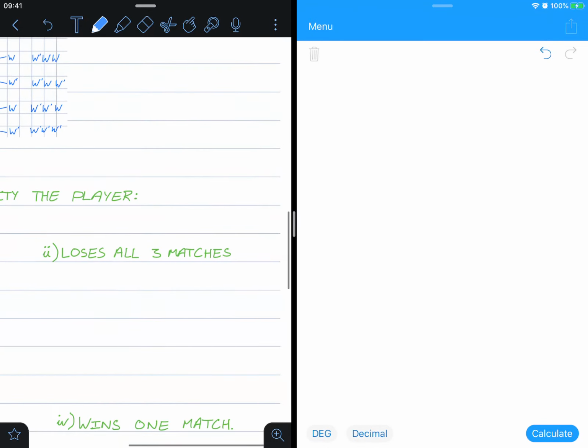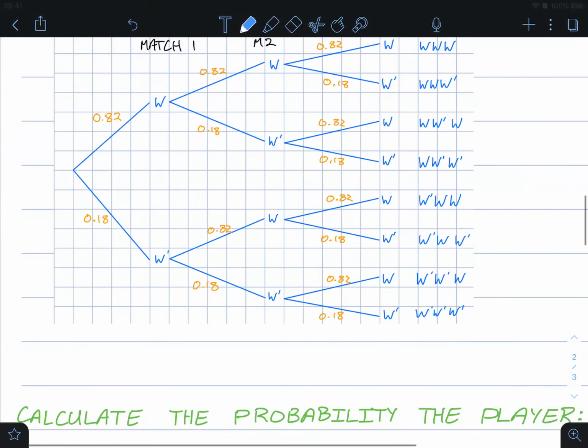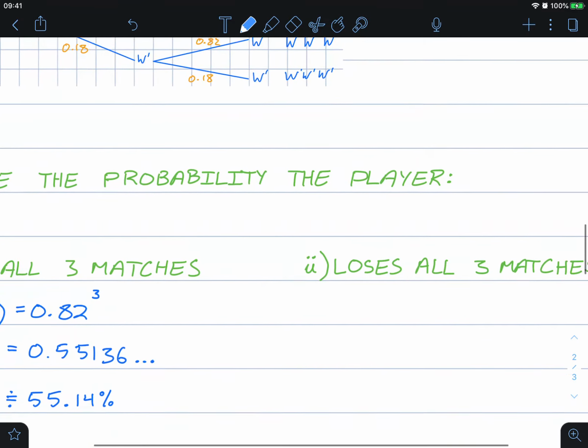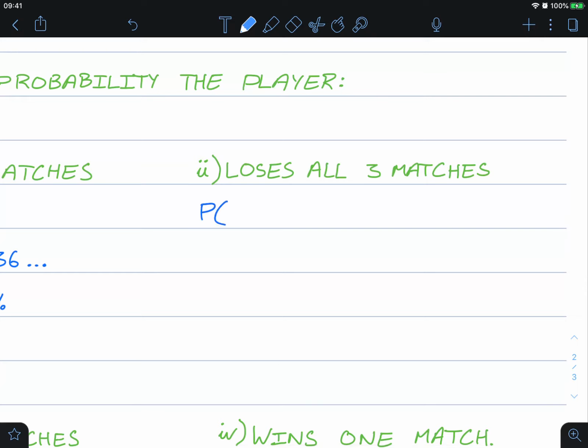Loses all 3 matches. Once again, this is fairly simple to follow. This is the outcome that has all 3 losses. Following the path to get there, that's loss, loss, loss, which is 0.18 times 0.18 times 0.18. It's probability of loss, loss, loss. That's 0.18 to the power of 3.